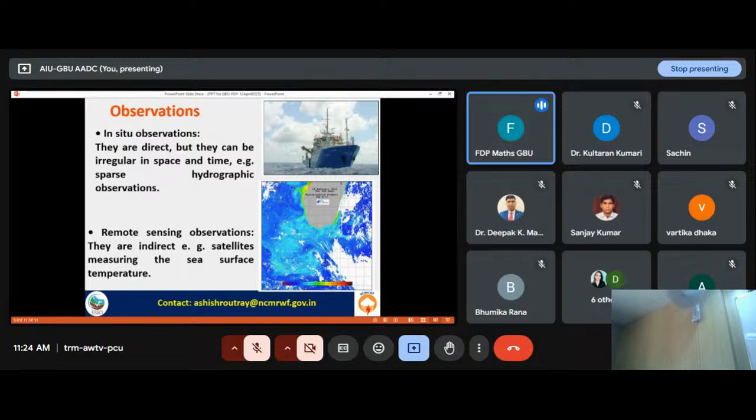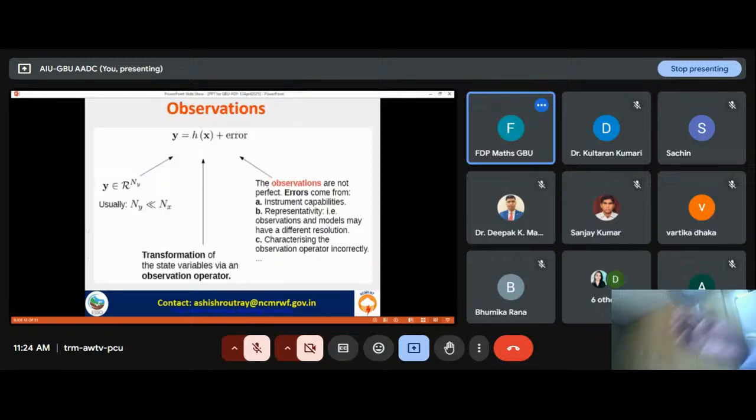These are the direct observations we are getting from the instruments. Those are reactive, but it is very fast. It does not cover all the regions. So then the satellite will give the picture. So in this observation, I know there is some error that I introduced. Why? The observation is not at the model grid.